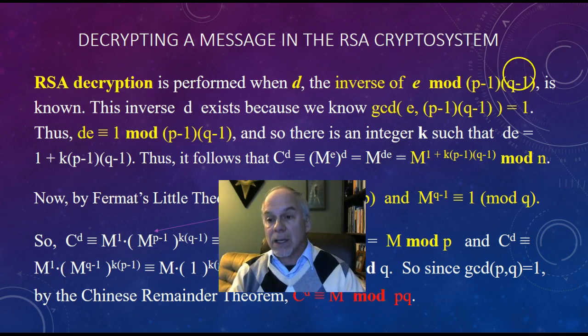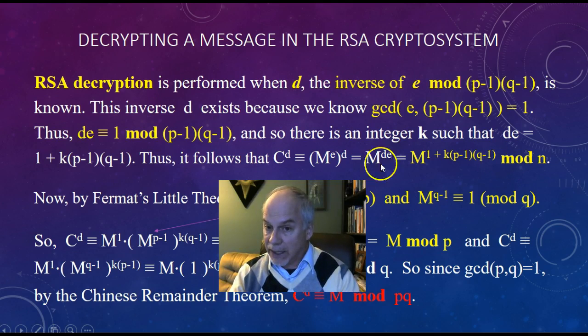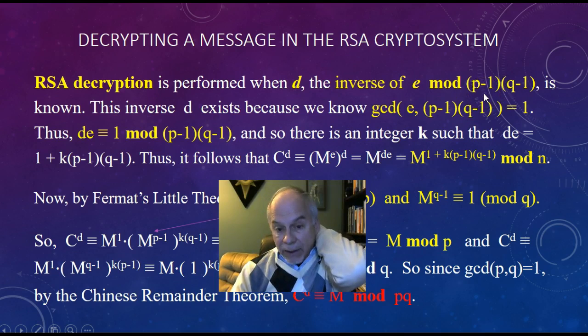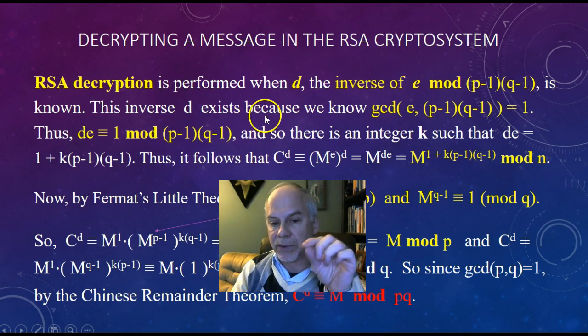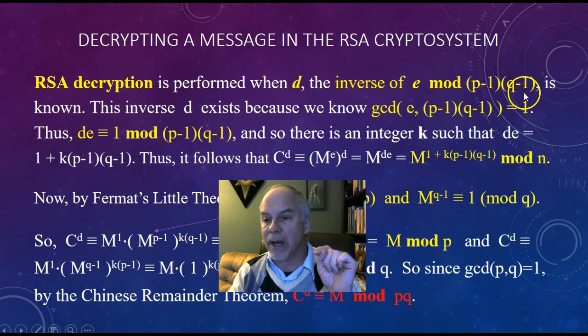So they're the only ones that will know what D is, the inverse, because they can calculate it if they know P and Q. It's not just the inverse using mod n, it's the inverse using mod P minus 1, Q minus 1.